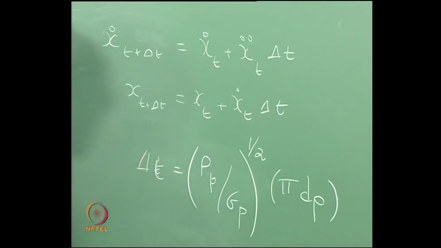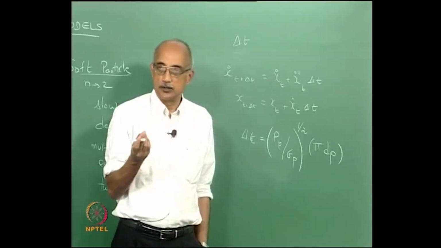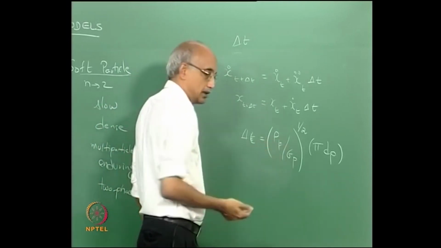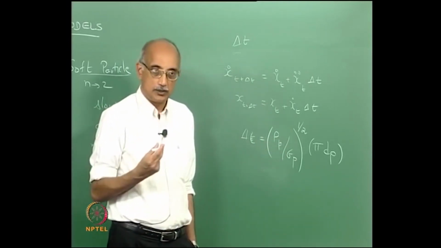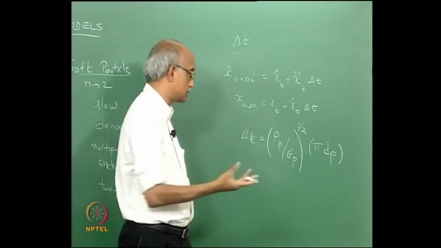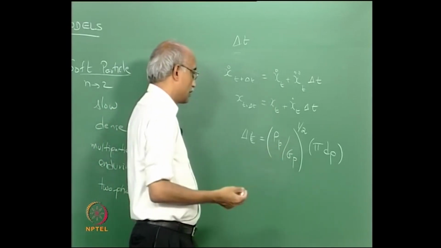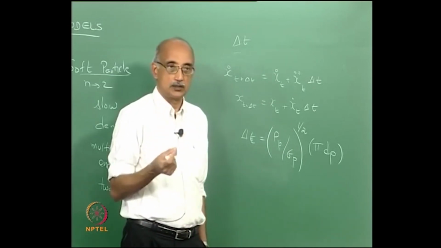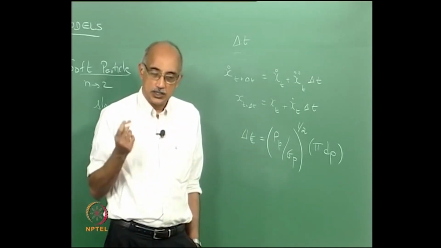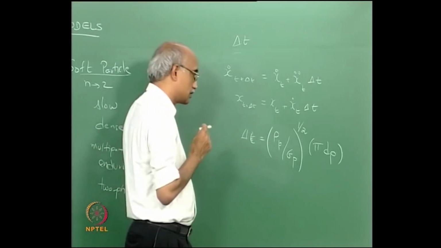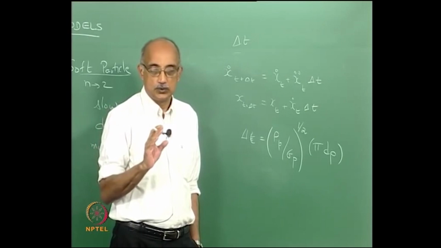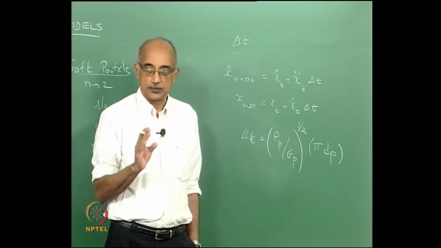Basically what it says is, as your particle size becomes smaller, you have to take smaller time steps. As the density of the particle becomes smaller, you have to take smaller time steps, and as the shear modulus becomes larger, you have to take smaller time steps. So essentially that time step has to be designed to be sufficiently sensitive to the flow characteristics of this suspension.